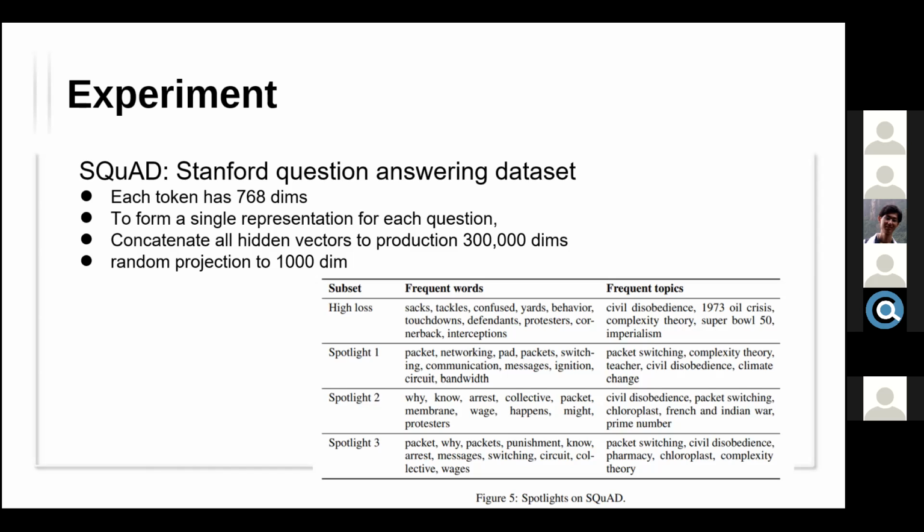I have a question here. The lengths of the questions are different, right? But they just randomly projected to 1,000 dimensions. The 1,000 is predefined. I understand the 1,000 dimensions is fixed, but here I wanted the technical solution.